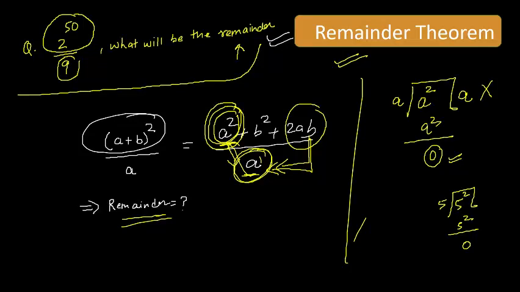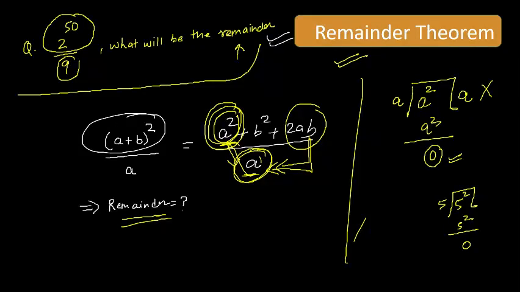Don't tell me 2b. 2ab also has a. So it has a inside it. It is a multiple of a. It is a into 2b.